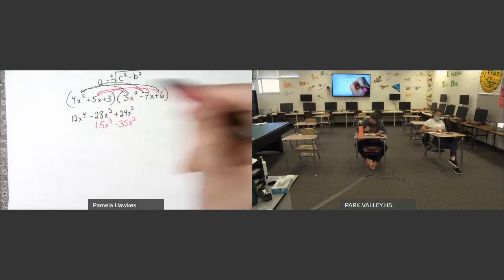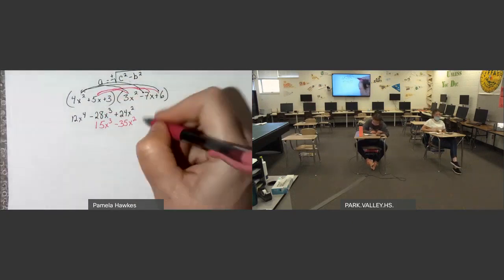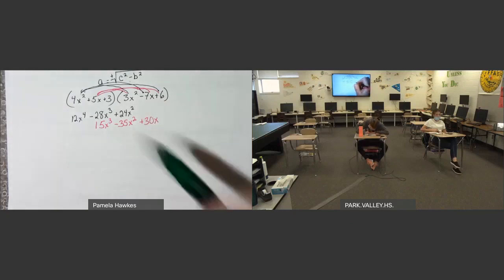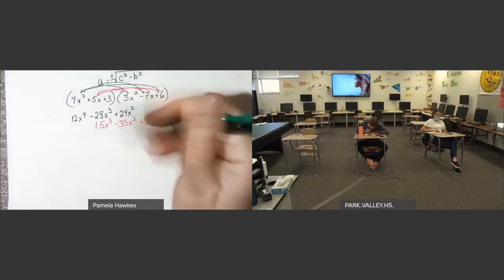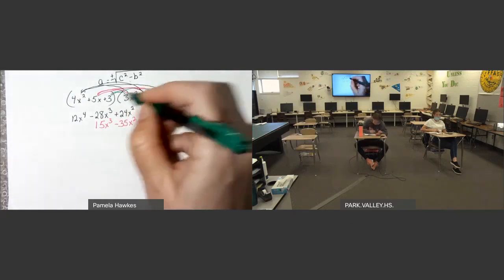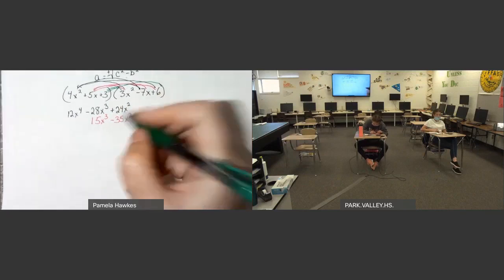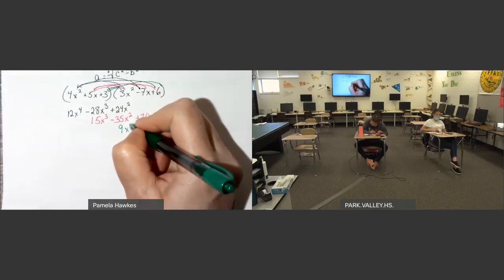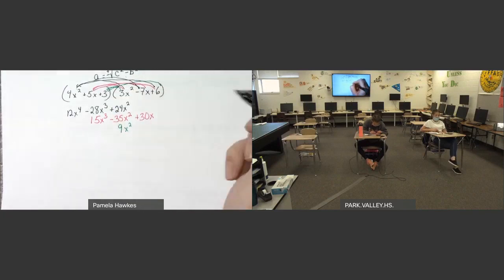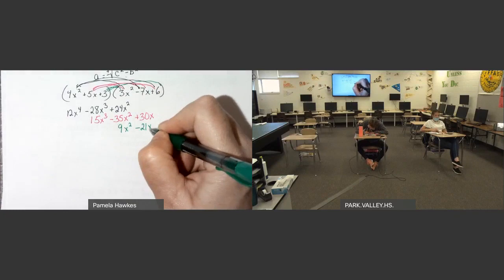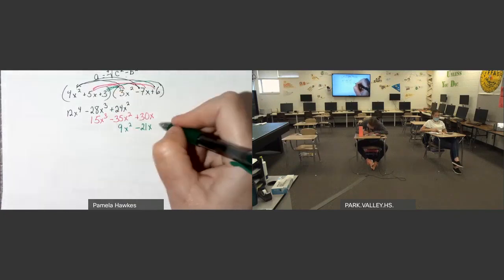Good. 5x times 6 is 30x. Okay. Then I also have to do this one. 3 times everything. 9x to the what? Second. So I'm going to put it in the 9x squared column. 3 times 7x is 21x, right? And 3 times 6 is 18.